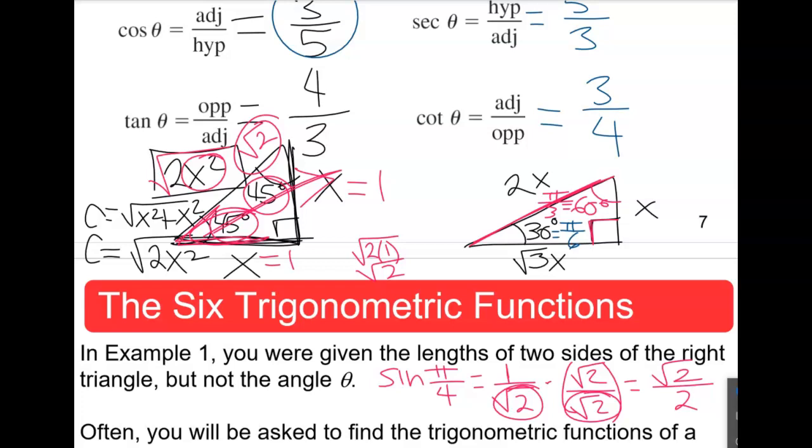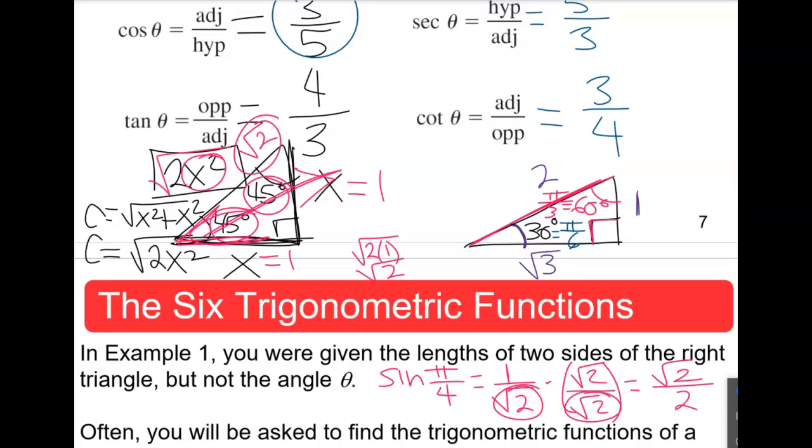But just for convenience, I'm going to let this x equal 1. Therefore, the hypotenuse will be equal to 2. And the adjacent side, and I'm speaking about 30 degrees, or pi over 6, will just be the square root of 3 times 1, so it will just be the square root of 3.